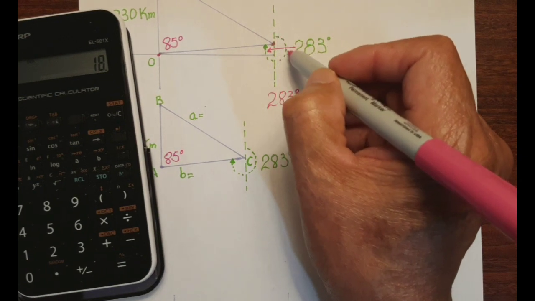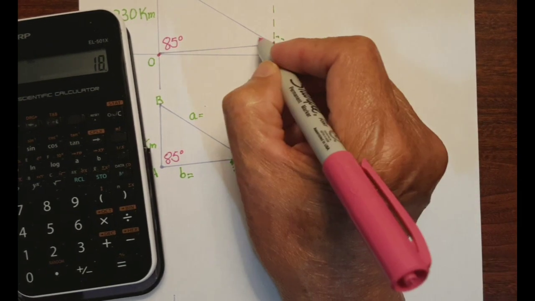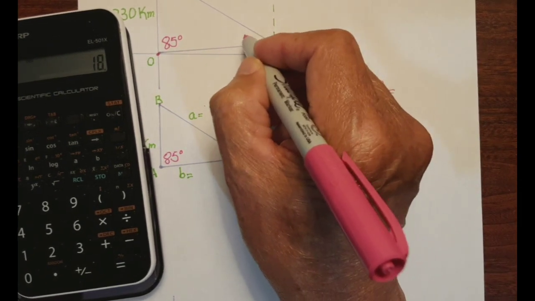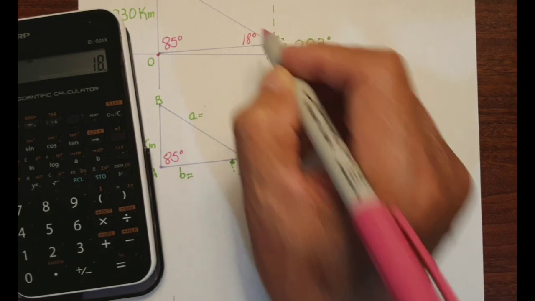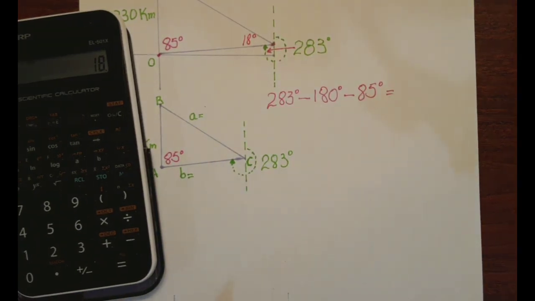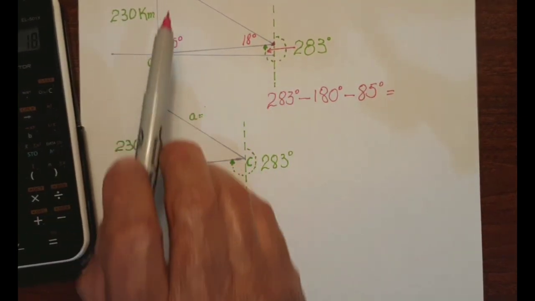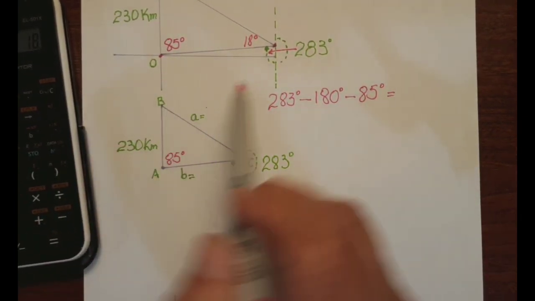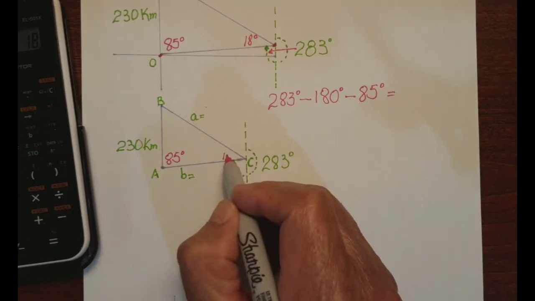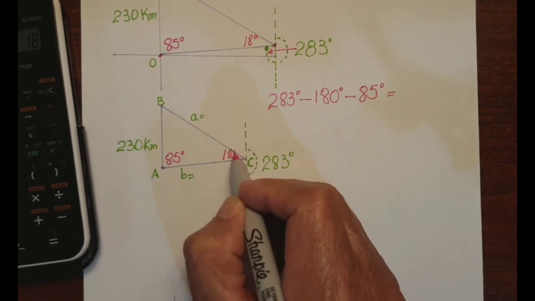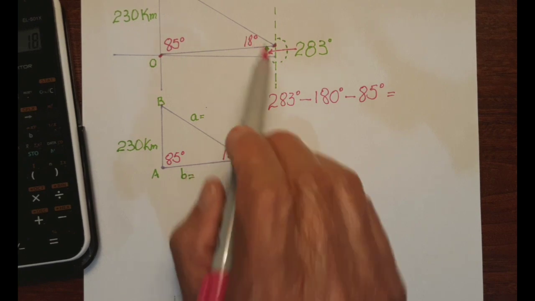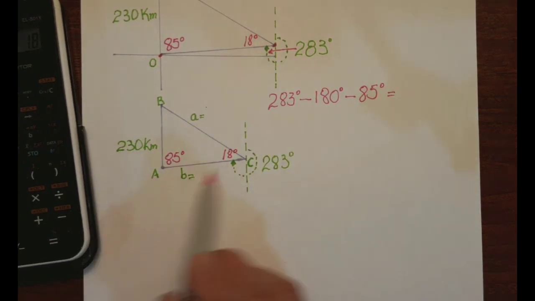Since we subtract the whole thing here, whatever I got is this angle. Okay? Now that we have this angle, it's easy to find the other angle. I put it in a wrong place. Well, it's the same, but anyway, we are working with this triangle.